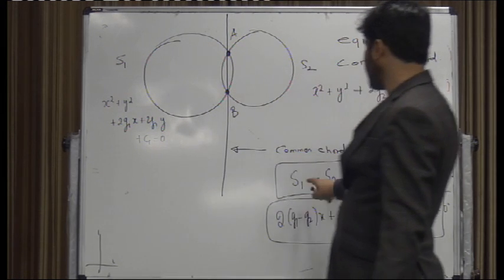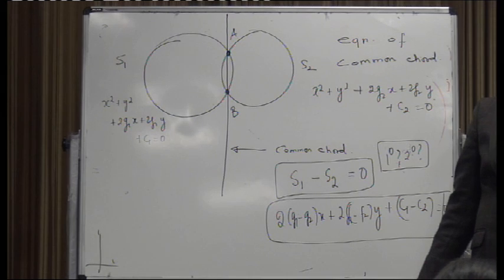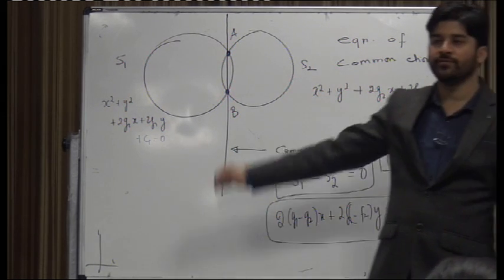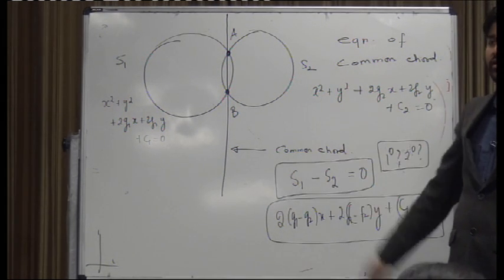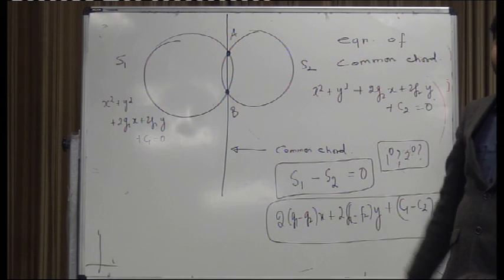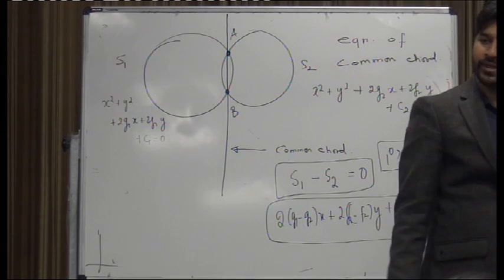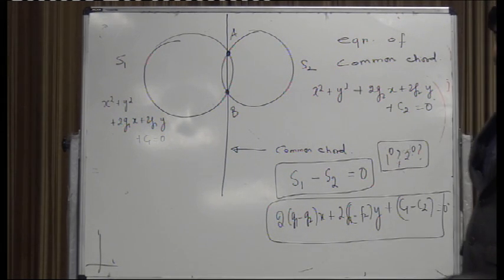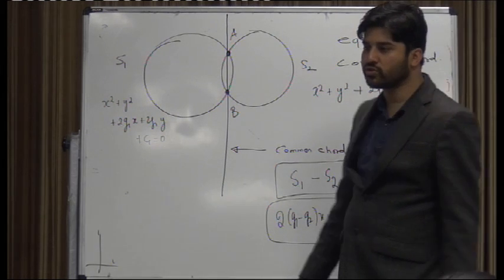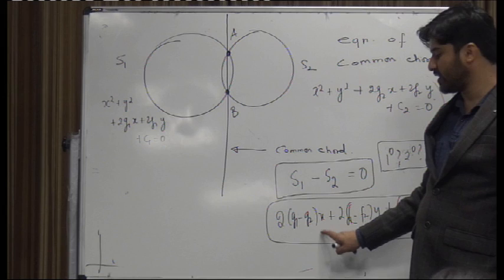Will A satisfy this equation? A is lying on S1, and A is also lying on S2. So S1 minus S2 will satisfy A. B is lying on S1 and B is lying on S2, so it will satisfy S1 minus S2, because 0 minus 0 is 0. So A and B will satisfy this equation.